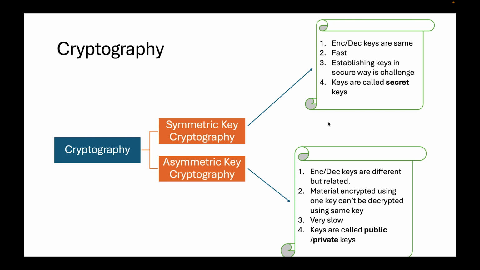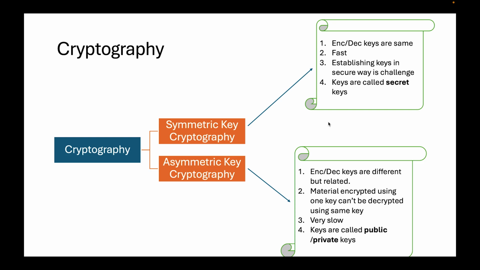Then there is another word. It is called asymmetric cryptography. This is characterized by the fact that sender and receiver use different but related keys. These keys are of such nature that, knowing one key, it is computationally infeasible to derive the second key.